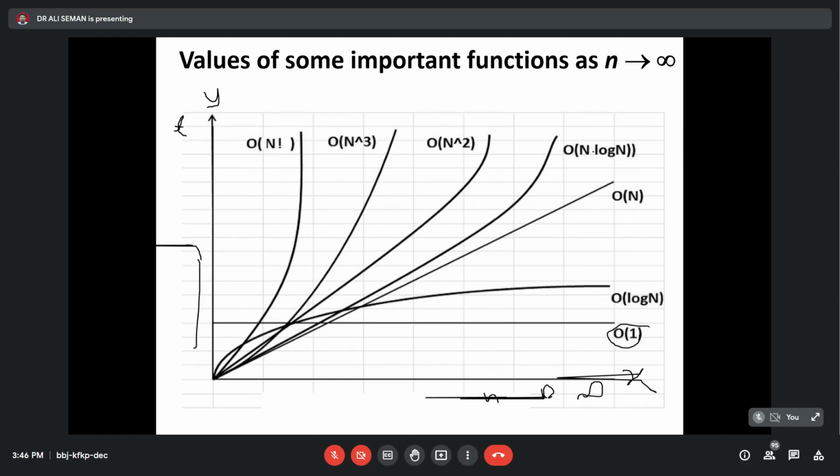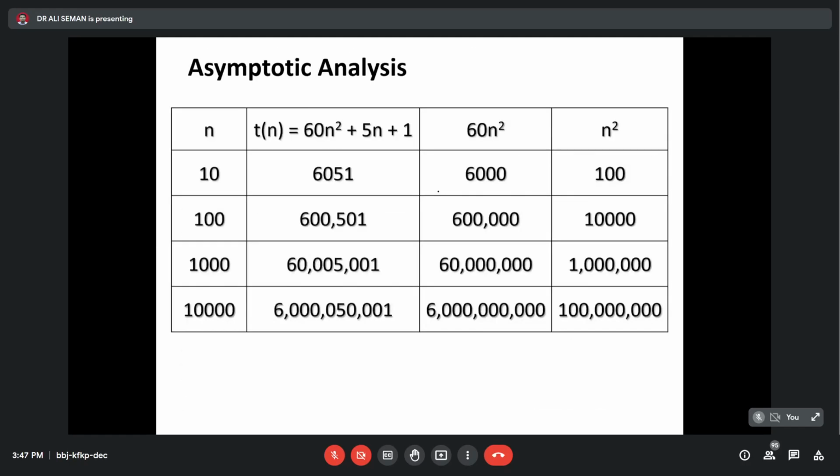Okay, n log n, n times log n, increases higher than O of n. Of course, n squared is higher than n log n, and then n cubed, and n factorial becomes like this. Okay, this is how we can measure, benchmark the complexity of the algorithm.